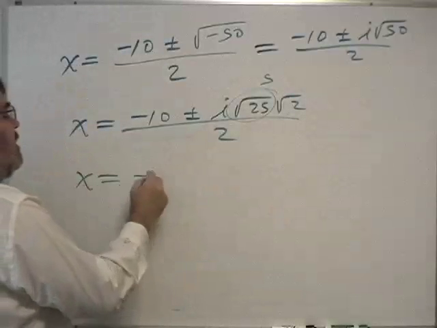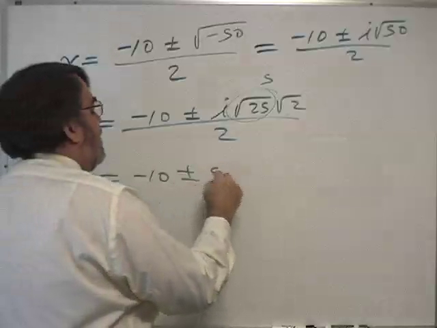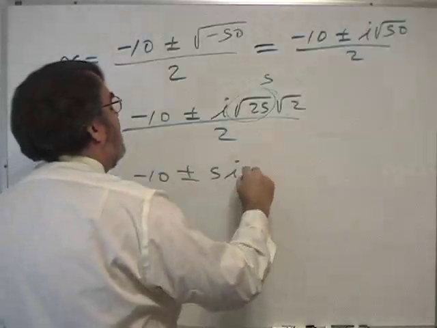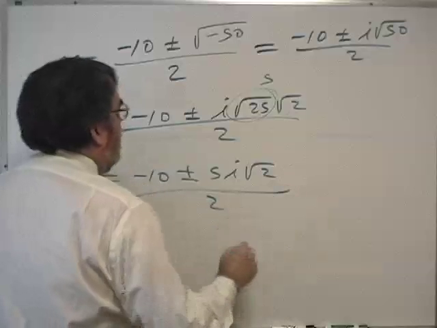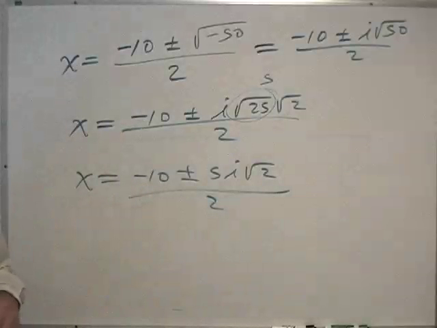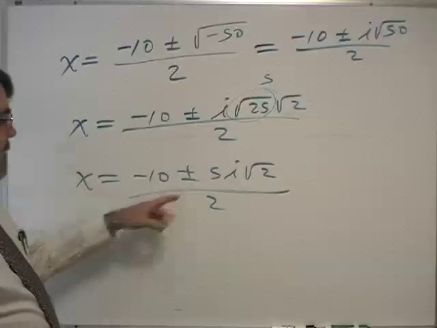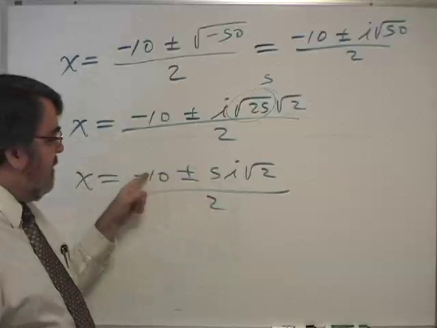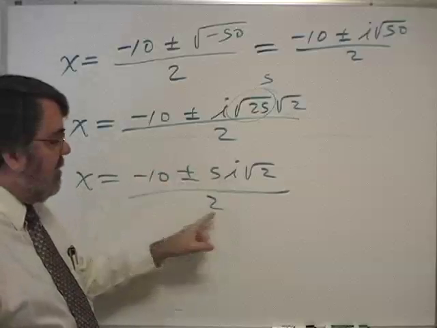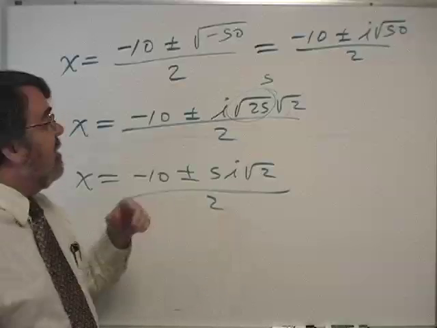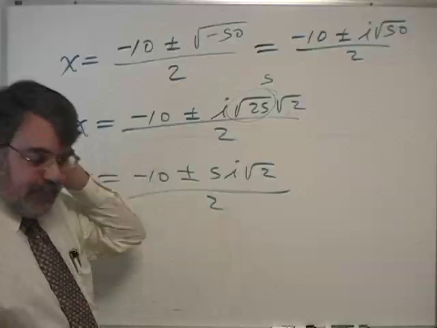So x would be negative 10 plus or minus 5i times the square root of 2, divided by 2. So that's simplified. I can factor a 5 out of here, but the 5 that we could factor out would not cancel with the 2, so that would be as far as we can take it.